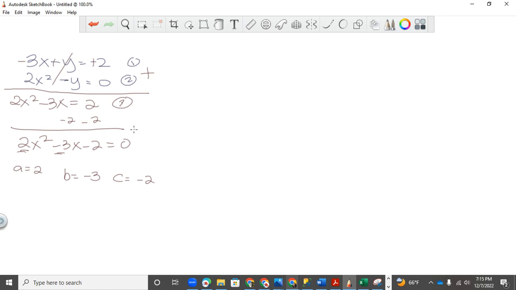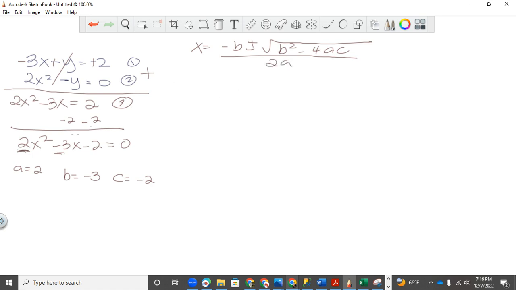You can use the quadratic formula to solve for x if the coefficient of x squared is not 1. The formula is x equals negative b plus or minus the square root of b squared minus 4ac, all over 2a.